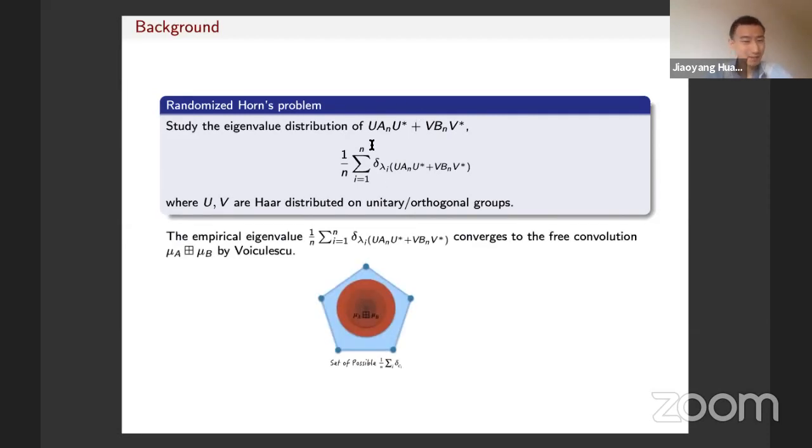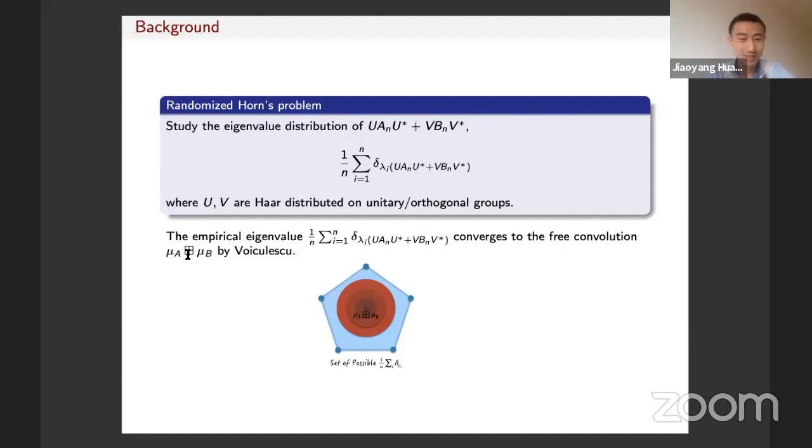And as mentioned in Ali's talk, it's known that the empirical eigenvalue distribution converges to the free convolution. If the eigenvalues of An converge to mu A, and the eigenvalues of Bn converge to mu B, then the empirical eigenvalue distribution converges to the free convolution mu A plus mu B, proven by Voiculescu.